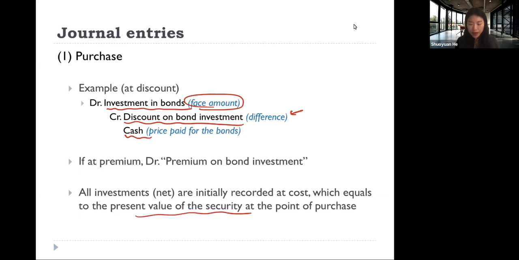And then all investments are initially recorded at cost, which is how much price we are paying, which is also equal to its present value at the time of purchase. So this is the first journal entry, the purchase of bond.